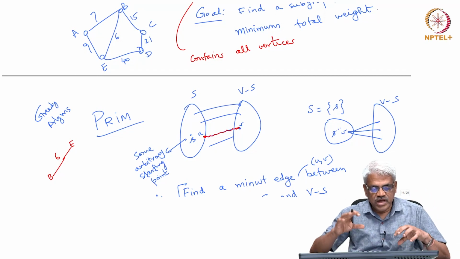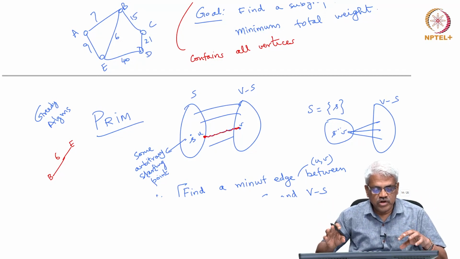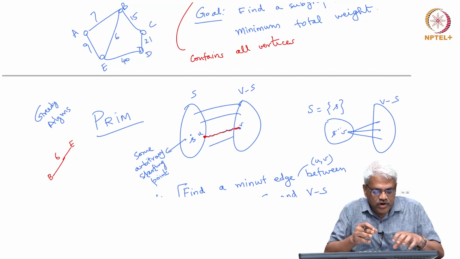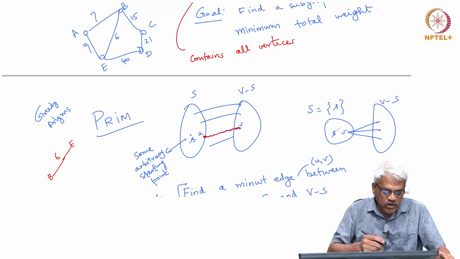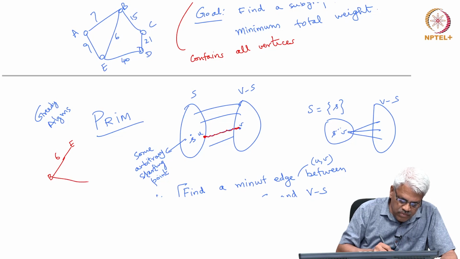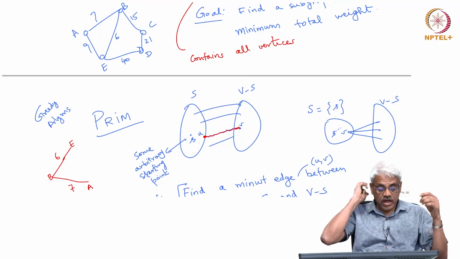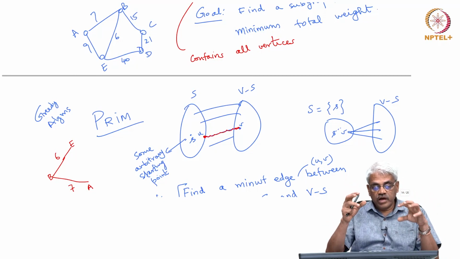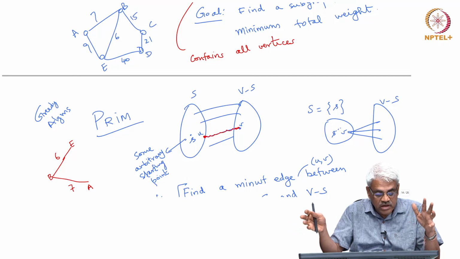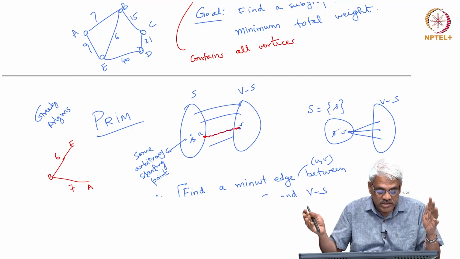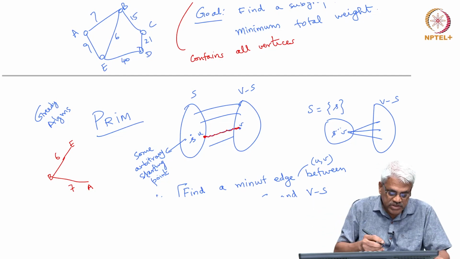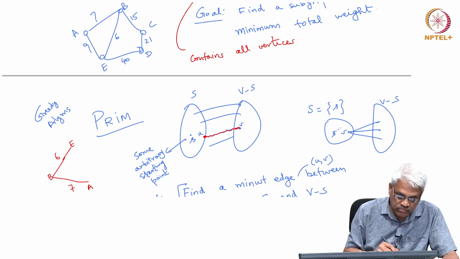Then BE on the one side and everything else on the other side, and then it is going to look at the smallest weight edge from this BE side to everything else. You can verify that it is actually BA with the weight 7. Then with BEA on one side and everything else on the outside, what is the smallest weight edge it is going to pick? It is going to pick BC, which is of weight 15.